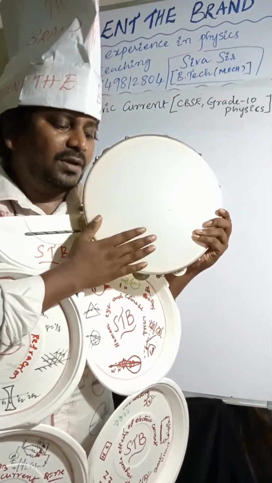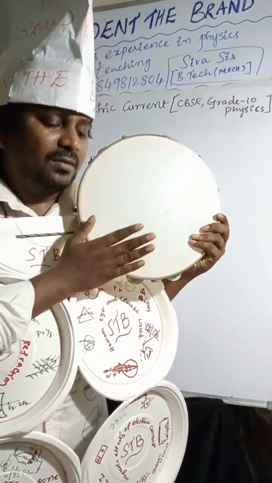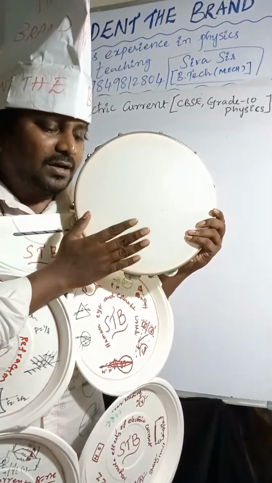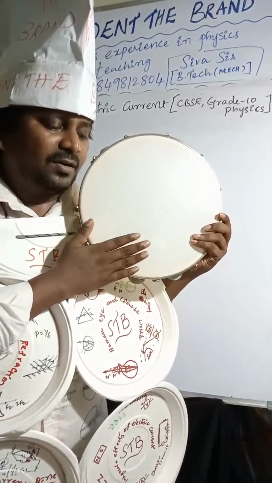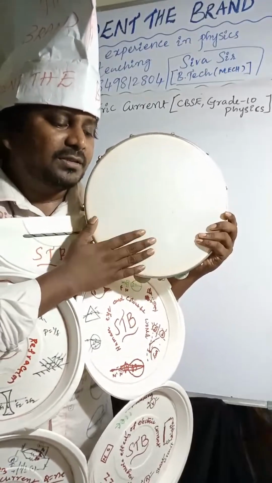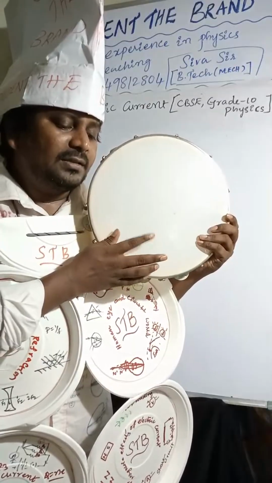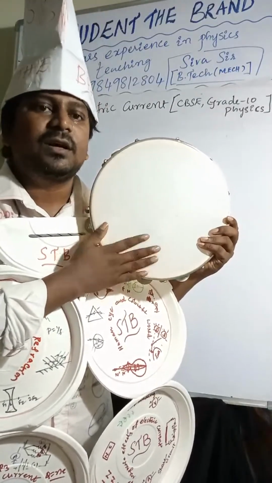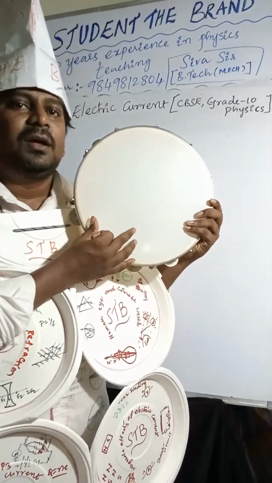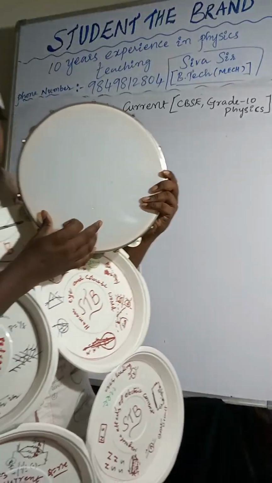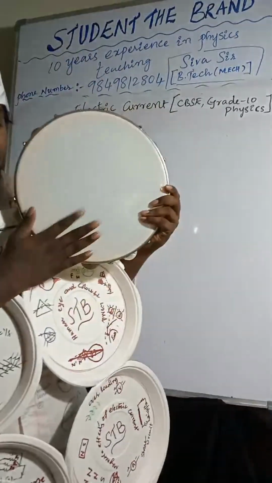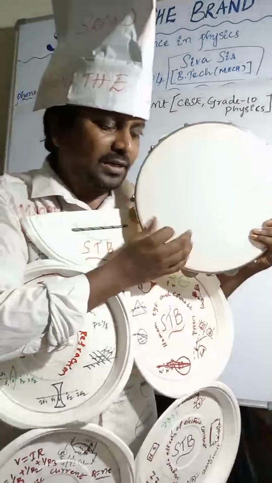Myopia, myopia, myopia, myopia, myopia, myopia. For that correction, we are using concave lens, concave lens, concave lens, concave lens. Myopia, myopia, myopia. Near distance we can see.